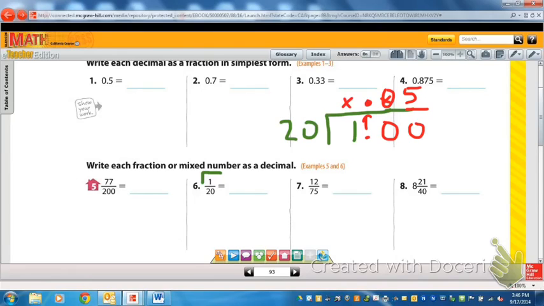So my answer would be 0.05 or 5 hundredths.